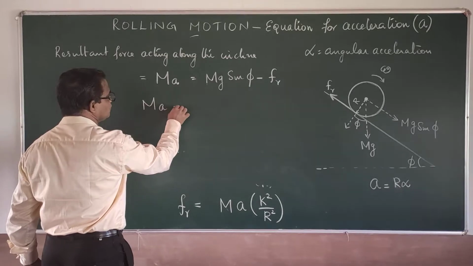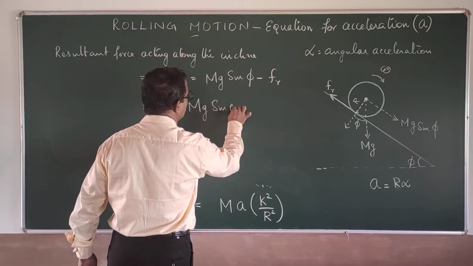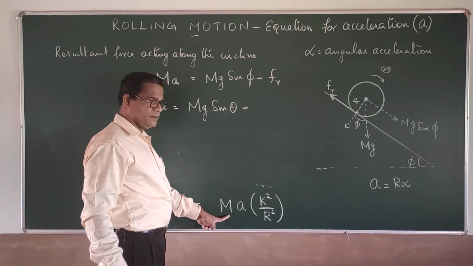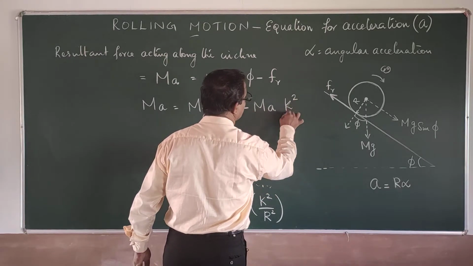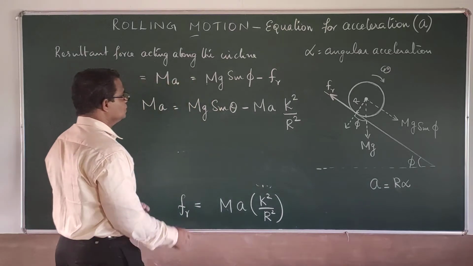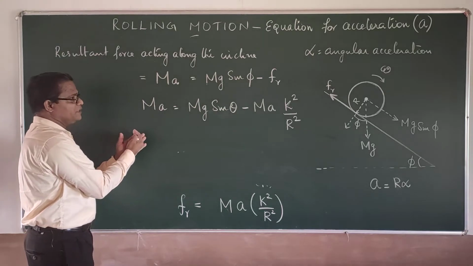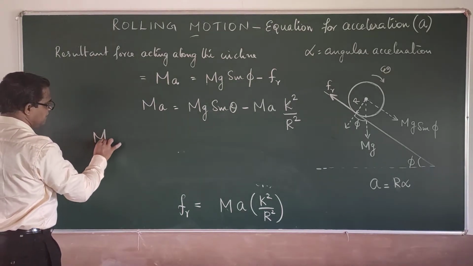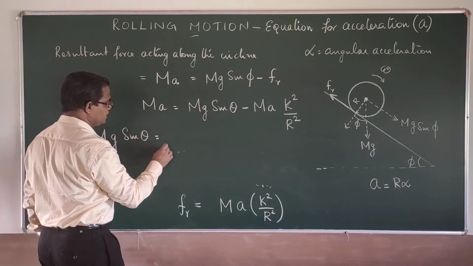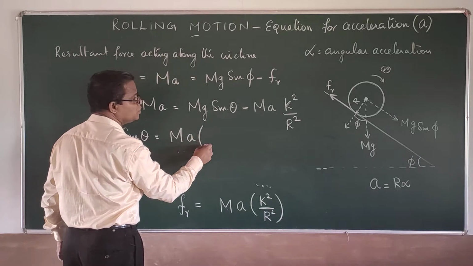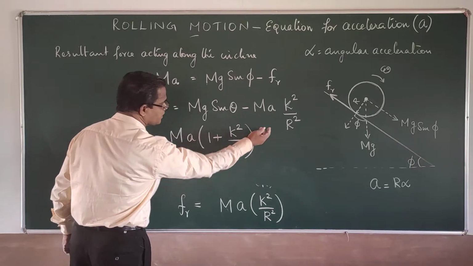M into a will be equal to mg sin theta minus m into a into k square by R square. So we are looking for acceleration a, therefore here also it is there. I can bring this together, and what I get is m into g into sin theta equal to m into a into 1 plus k square by R square, bringing it over here.